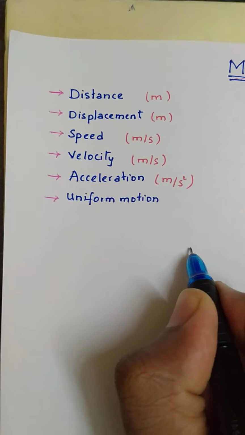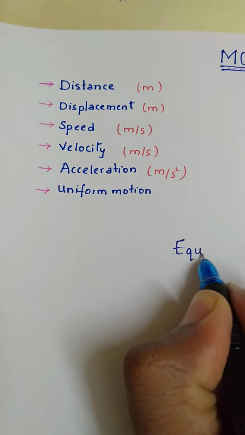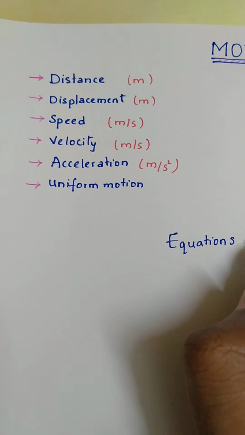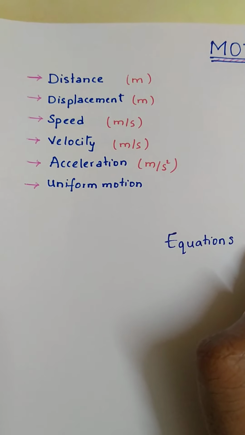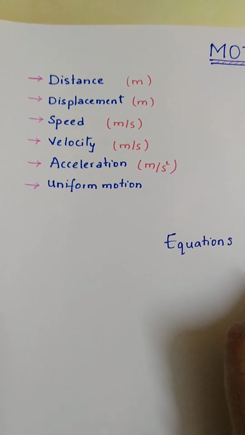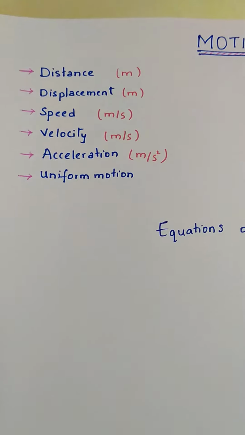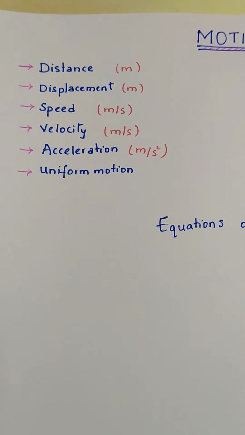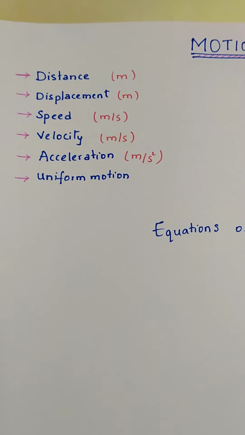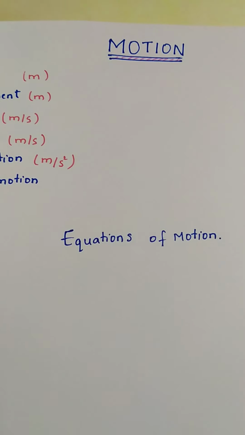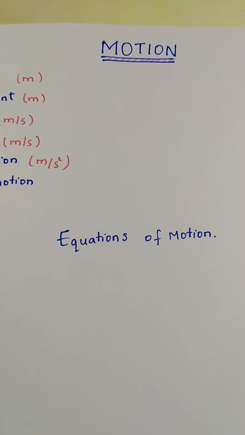We have just discussed all these things to relate them in a better manner, which we call equations of motion. Motion is all about how the object is changing its speed, how it is accelerating, what is the time taken, and what is the distance covered.